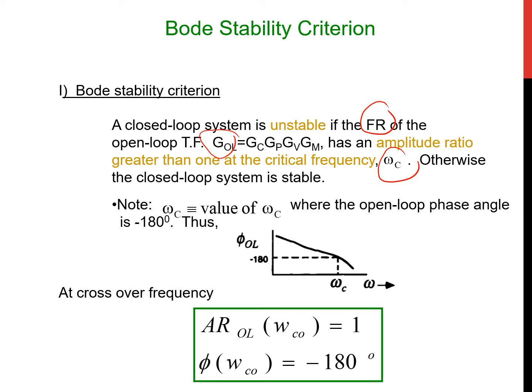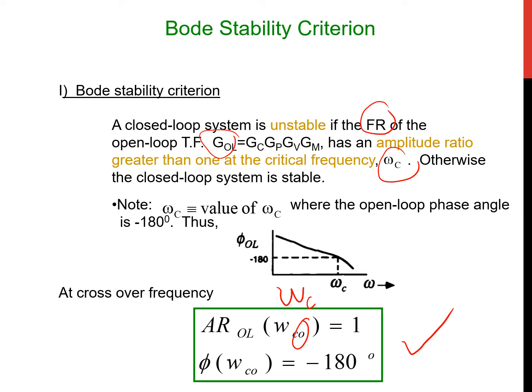Otherwise, the closed loop system is stable. So this is our guideline: AROL at WCO must be equal to 1. Greater than 1, then it becomes unstable. Less than 1, it is stable. What is the WC? Sometimes here WCO, sometimes we call it WC. It's the same thing.